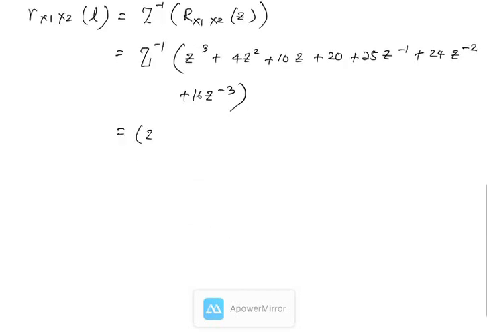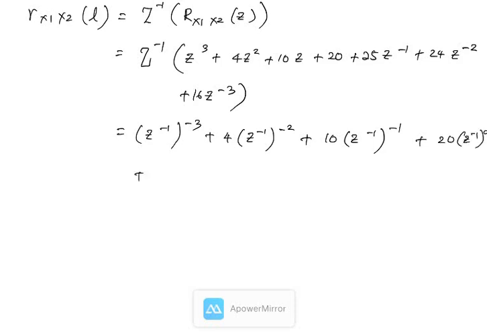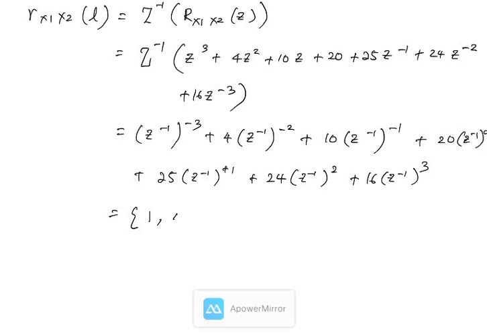So this means we have z inverse power of negative 3 plus 4 z inverse negative 2 plus 10 z inverse power negative 1 plus 20 z inverse power 0 plus 25 z inverse positive 1 plus 24 z inverse power of 2 plus 16 z inverse power of 3. So this means from here we can convert into a sequence. So we have 1, 4, 10, 20, 25, 24 and 16, where the origin is at 20.